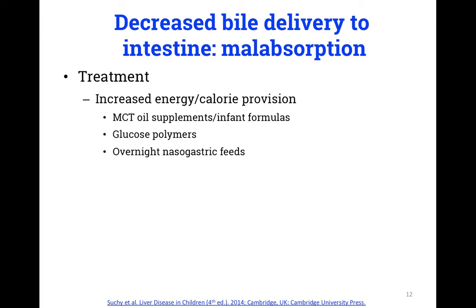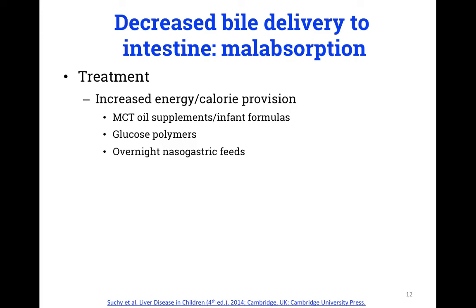And so this can be achieved by increasing the concentration of the formula by putting higher amounts of powder with your formula, or in the case of breast milk, supplementing it with additional formula to increase its caloric density.